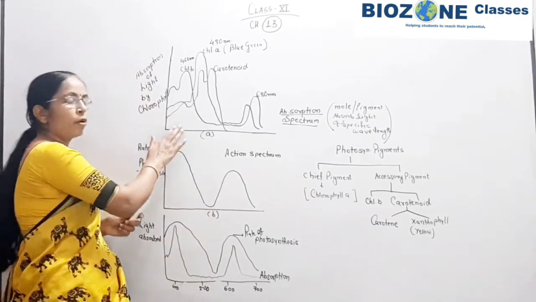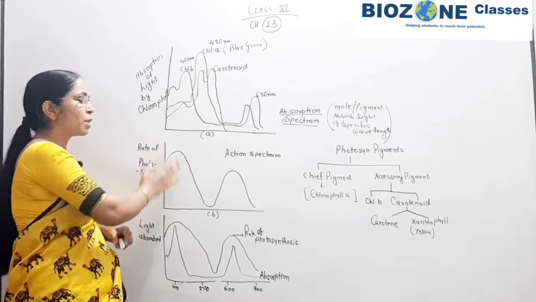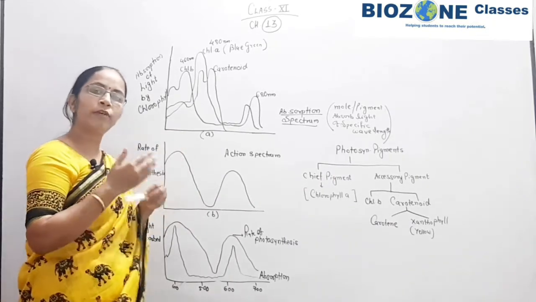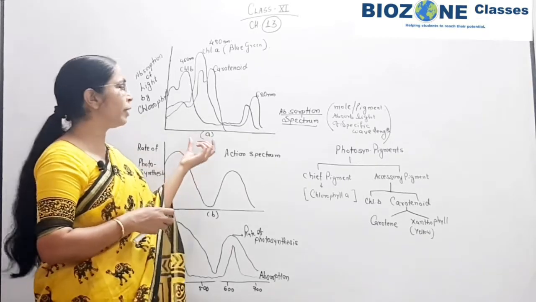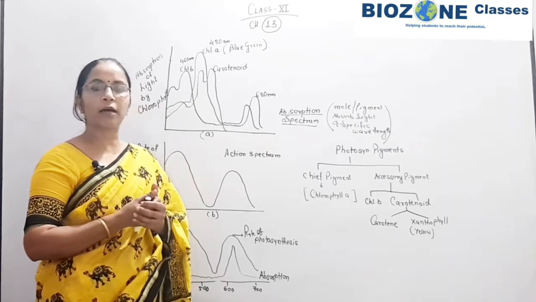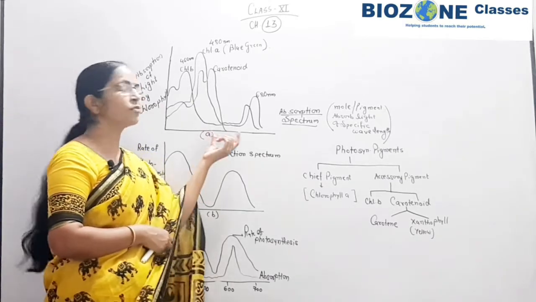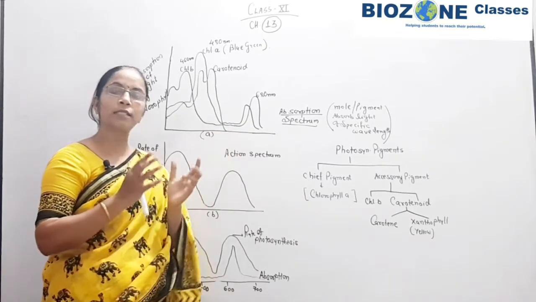Now here I am only using the black pen because again I am saying these graphs are also asked in your theory exam and predominantly in competitive exams, NEET. But when the questions are asked in competitive exams or in NEET, the graphs are totally black, colors are not there.